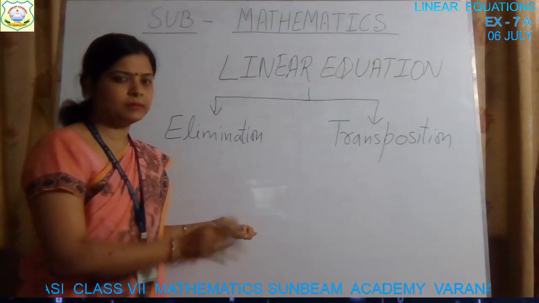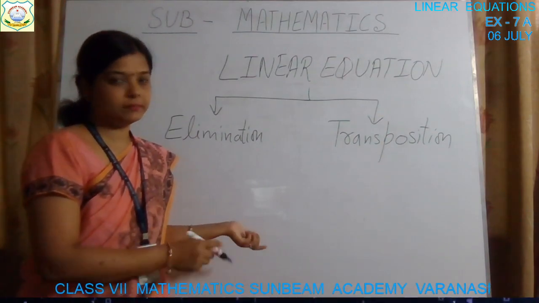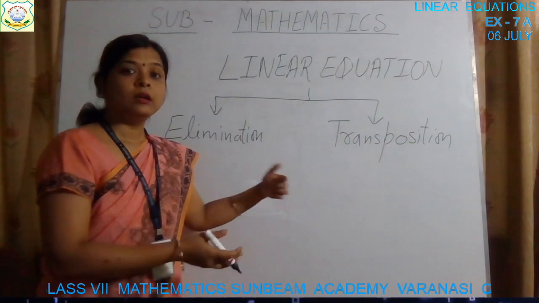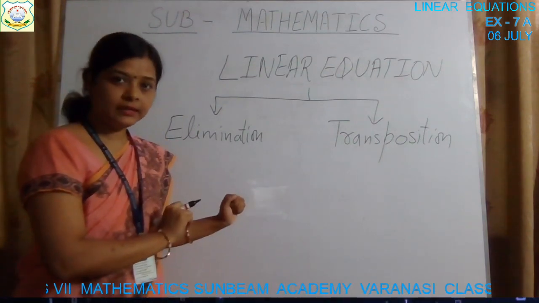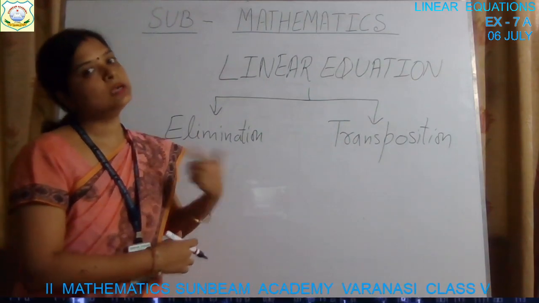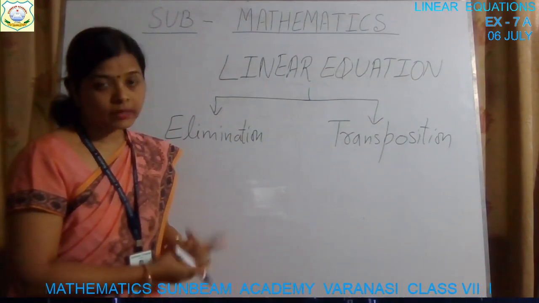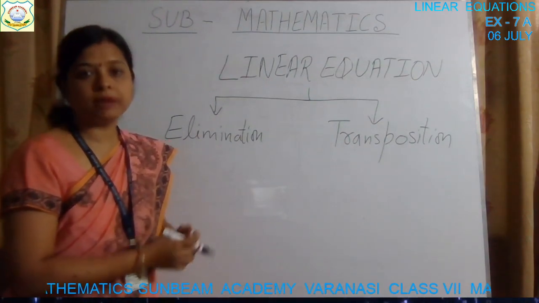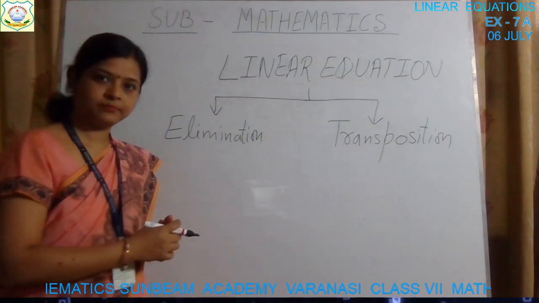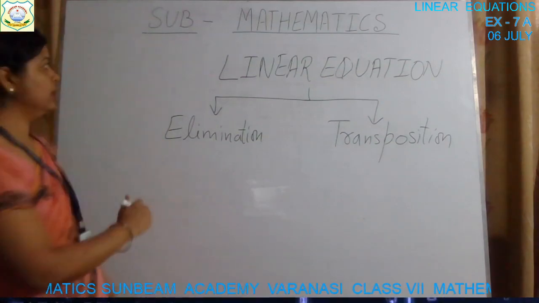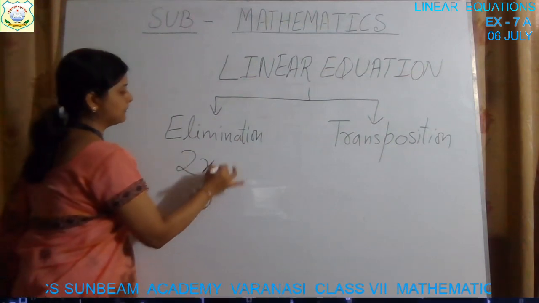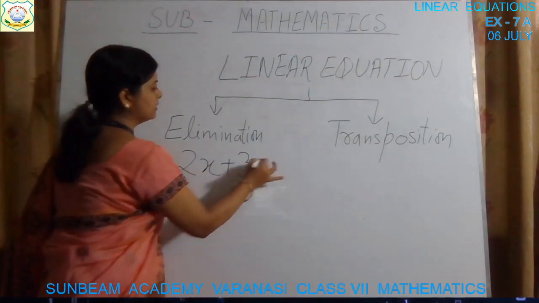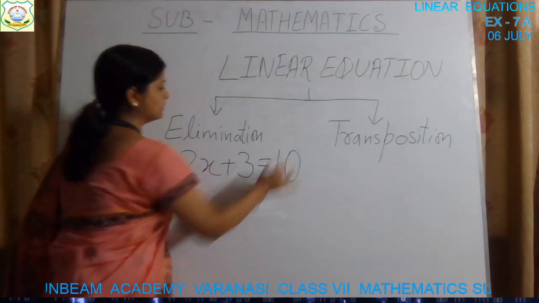X means variable, or you can take any other variable. So we will separate the variable on one side and the constant on the other side. Why will we do that? So that we can find the value of x. Clear? For example, the question is 2x plus 3 is equal to 10.